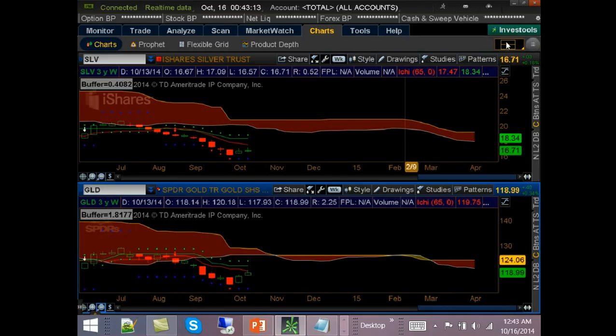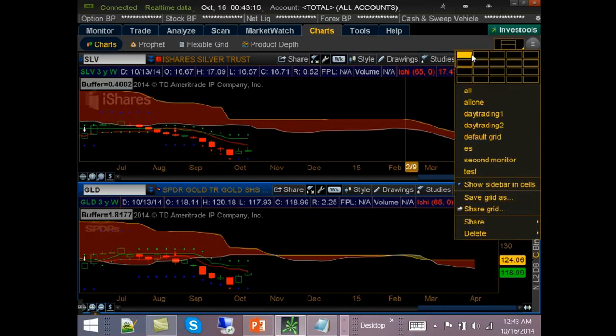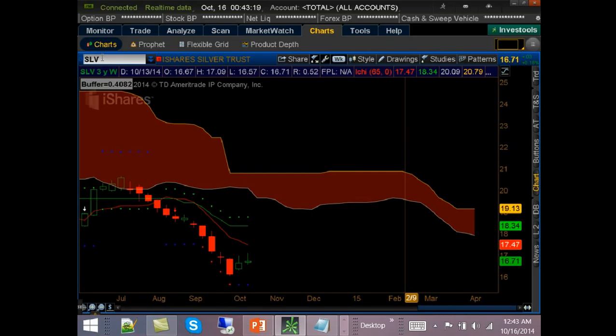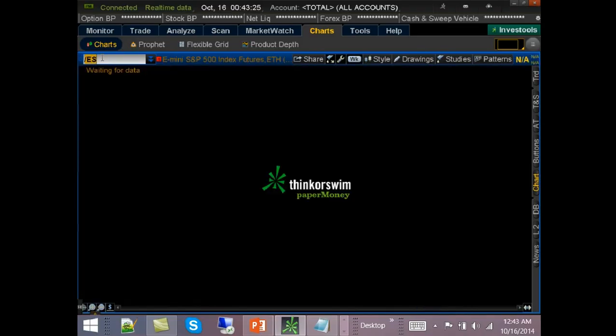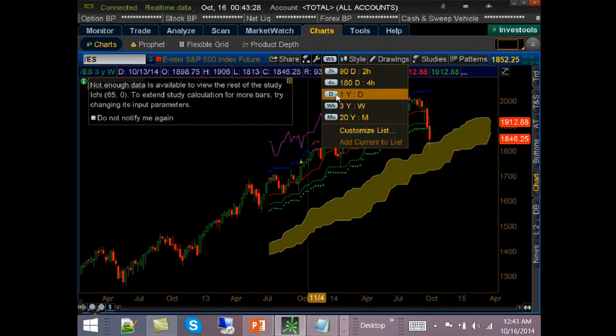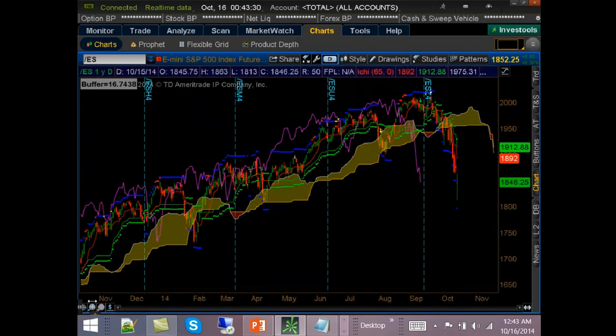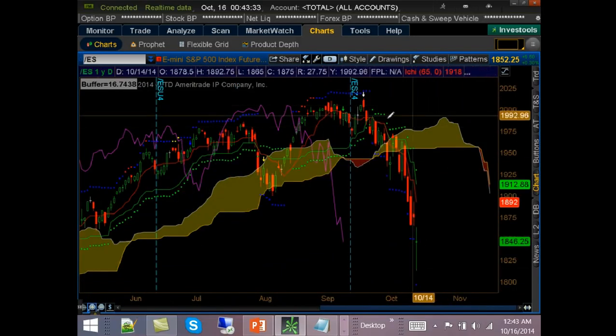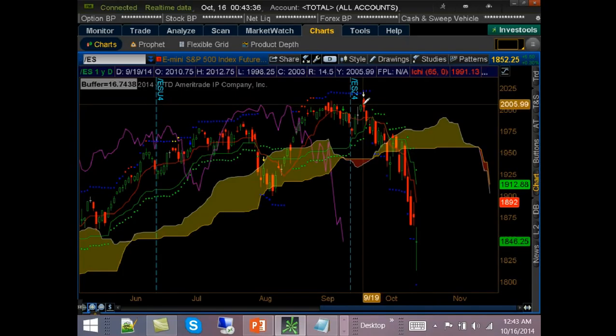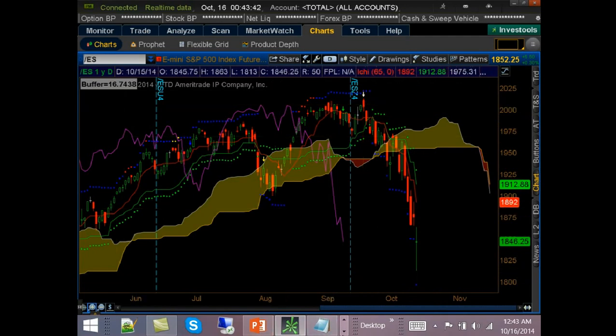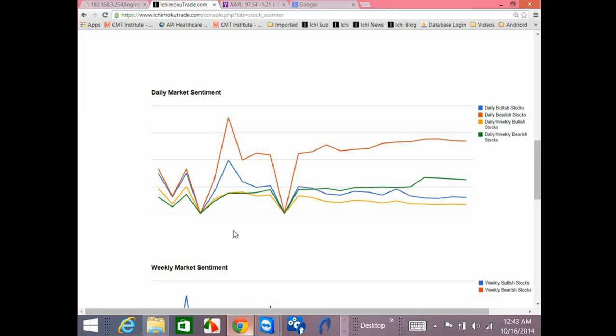Let's go back to 1. Now, in here, if you look, we made a new high on what date? 9/19. Everyone see that? Yeah? If you look at the 9/19, right here, we had how many bullish stocks? 2983, right?